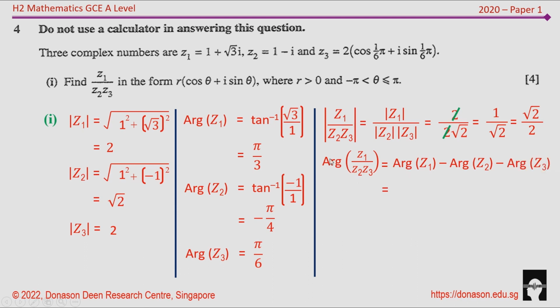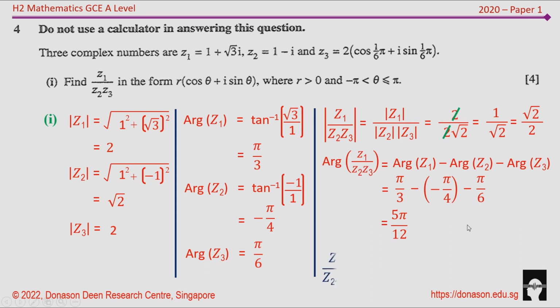Now let's take each and every one of the arguments, since we have already calculated them, and throw them in. Pi over 3 is the argument of z1, minus pi over 4 is the argument of z2, and pi over 6 is the argument of z3. When we substitute and simplify, it's going to become 5 pi over 12. That's going to be the argument for this z1 over z2 dot z3.